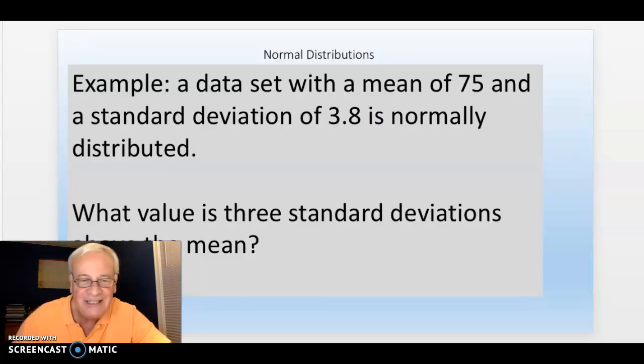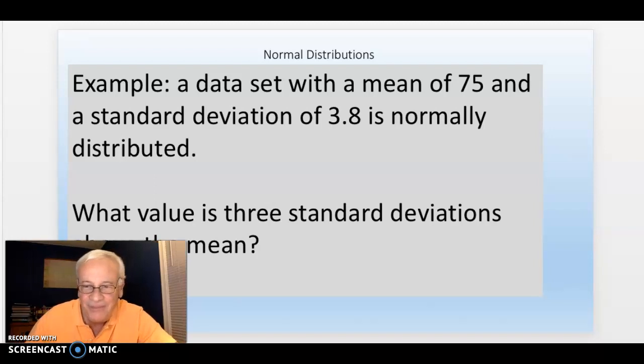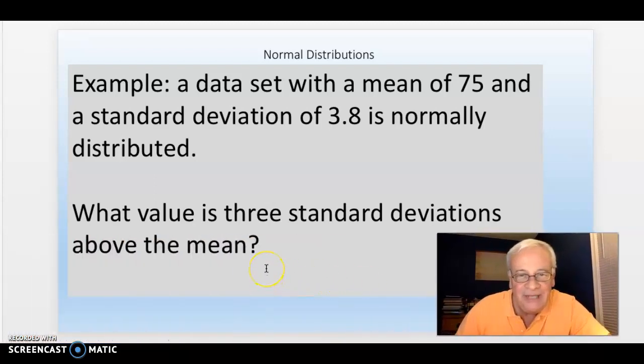Okay, let's take a look at an example. Guys, if you have a set of data with a mean of 75 and a standard deviation of 3.8, and it's normally distributed, what value is 3 standard deviations above the mean?